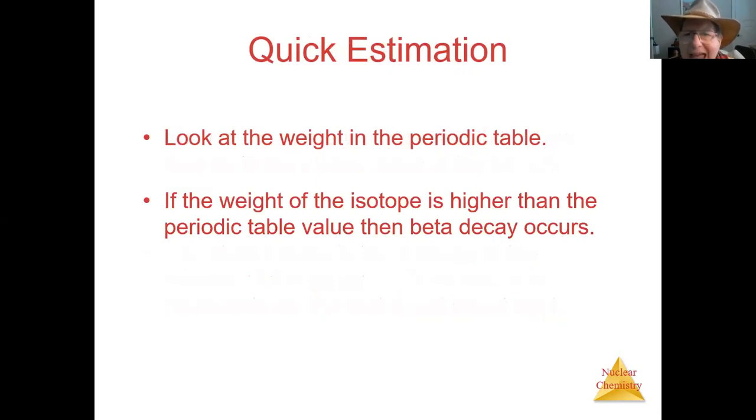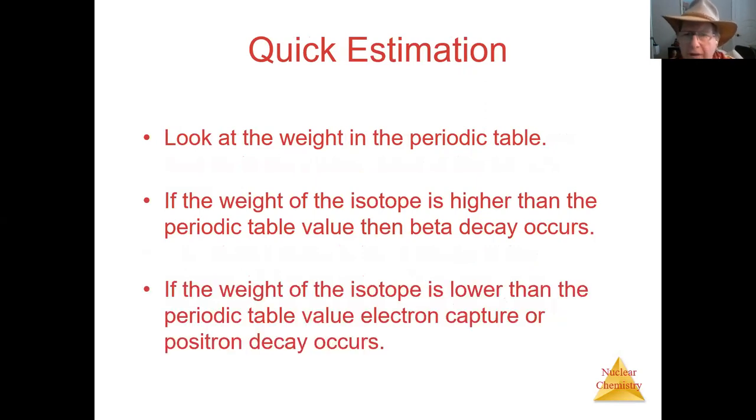If the weight that I have is higher than the periodic weight, you're going to have beta decay because you have too many neutrons. If the weight of the isotope is lower than the periodic table value, you have electron capture or positron emission. You need to get more protons.